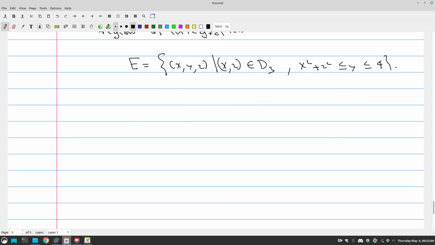Now, given that this is the region of integration, first things first, we need to figure out D3.